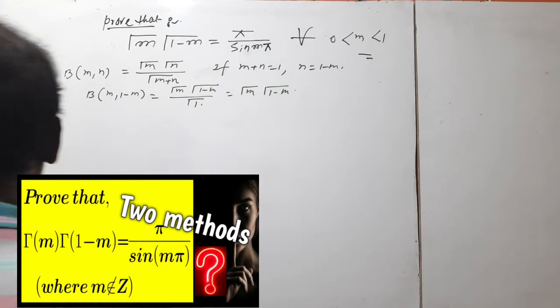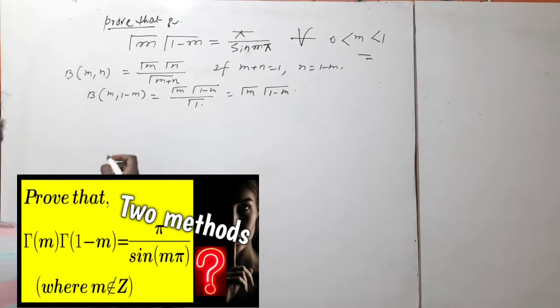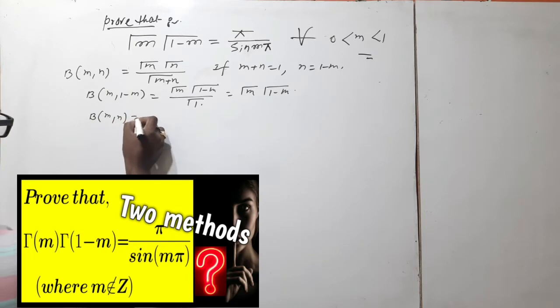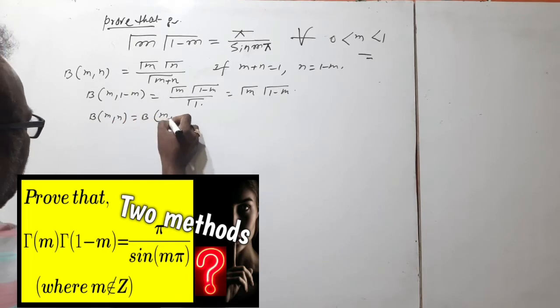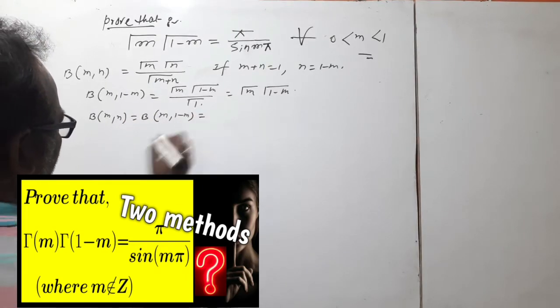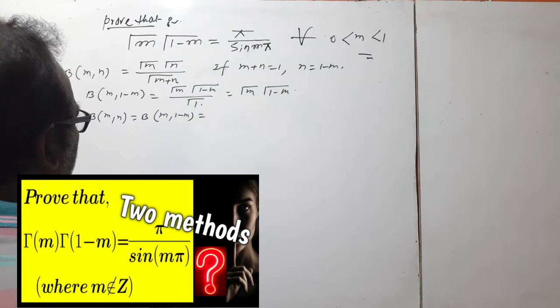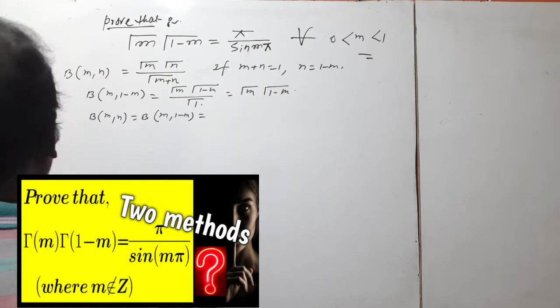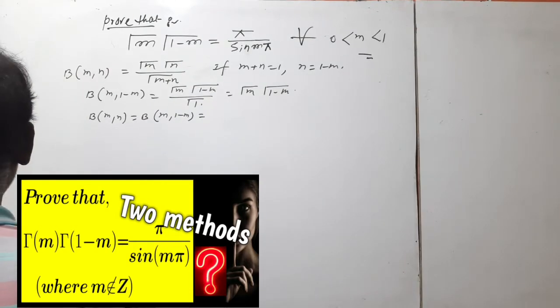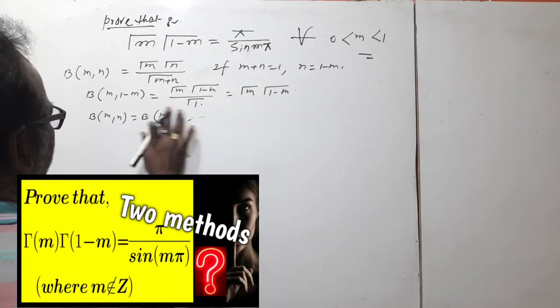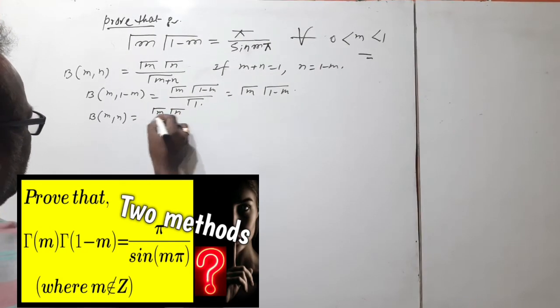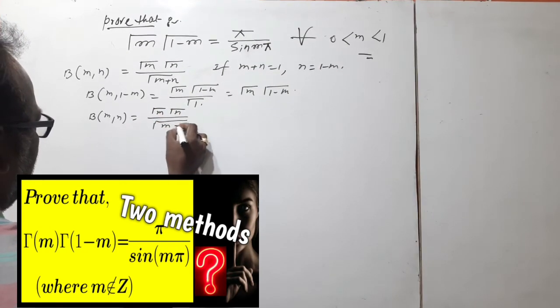Okay. So beta m comma n, that is beta m comma 1 minus m, this is the beta function, gamma m gamma n over gamma m plus n.